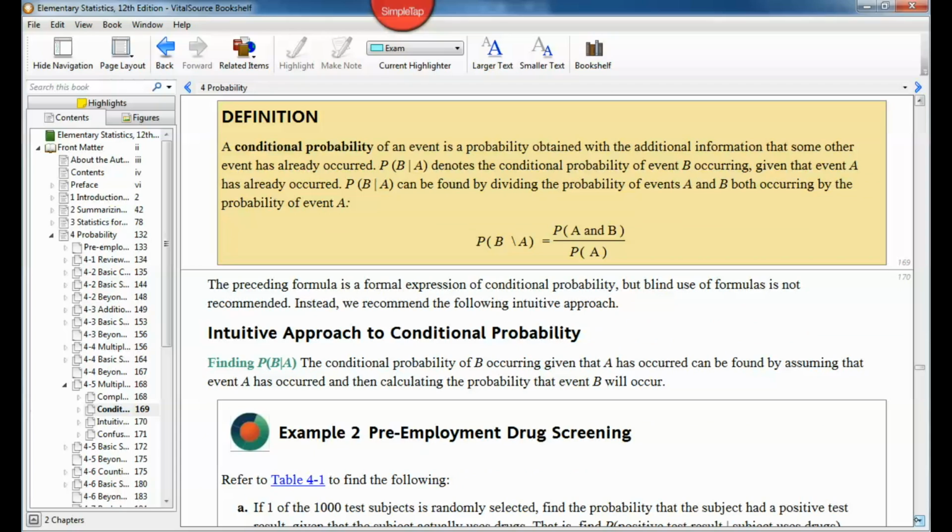Now, intuitively, your book says finding B given A, we can find that conditional probability of B occurring given that A has occurred. It can be found by assuming that event A has occurred and then calculating the probability that event B will occur. Okay?